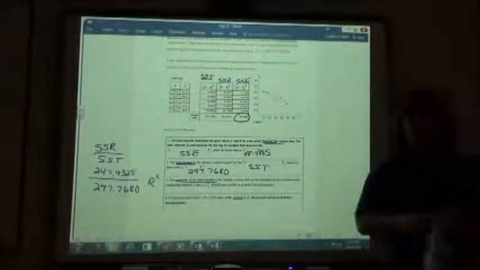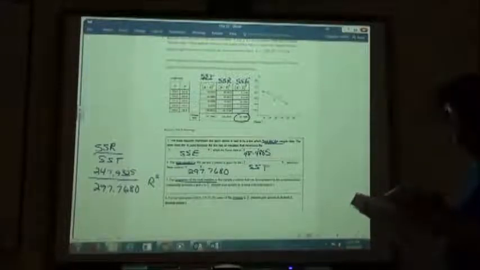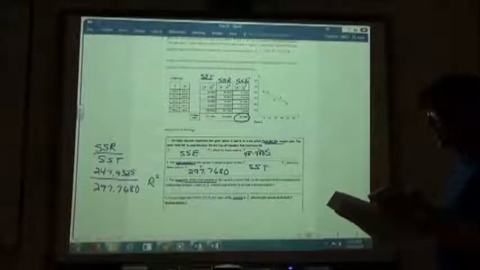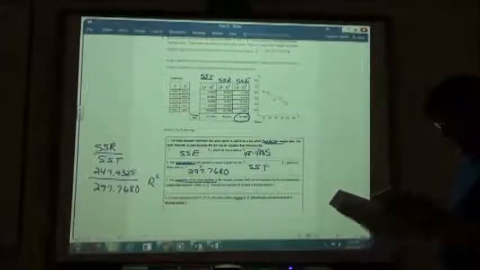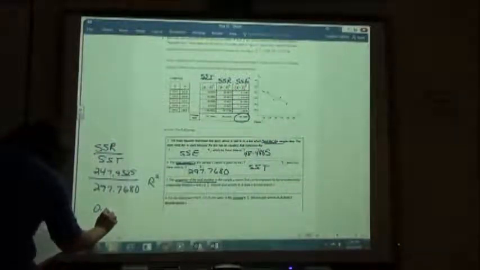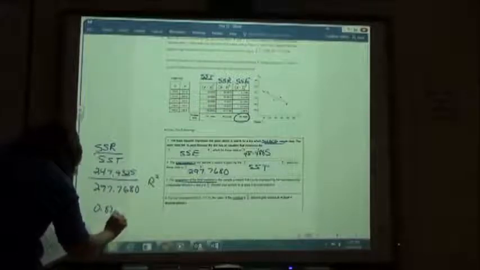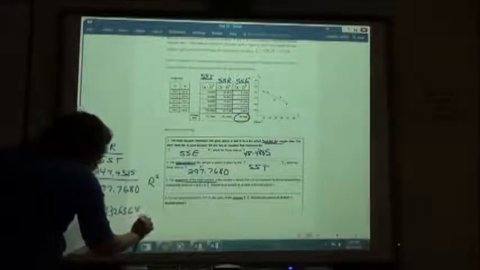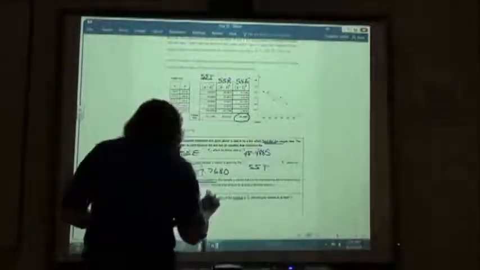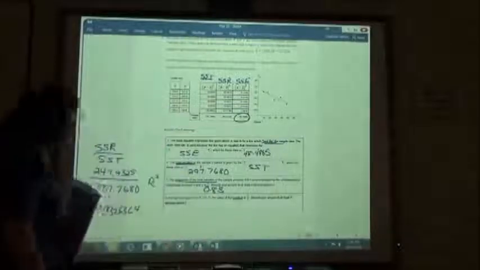And so, I'll just grab my calculator and punch that in. 247.9325 divided by 297.7680. That gives me 0.832634, and so on. So, rounding that off to 2 decimal places, we know that we're going to use 0.83.